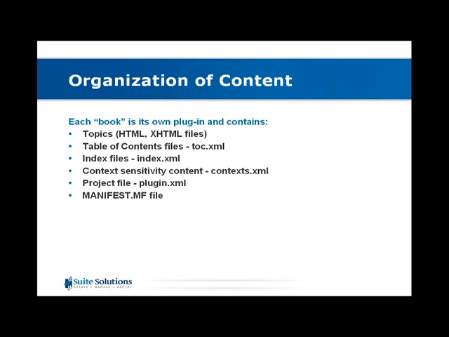There's an XML file that determines the table of contents, and that is the file that's generated automatically by the DITA OT. There's an XML file that determines the index. Again, that's also created by the DITA OT. There's a context sensitivity content file, which is, I believe, not out of the box in the OT, but there are plugins that you can download and use. Aliza will get into that a little bit later.